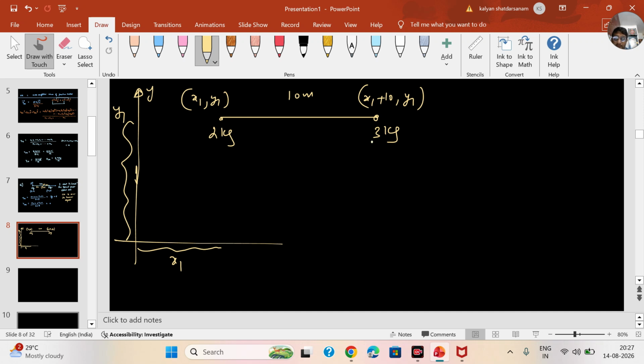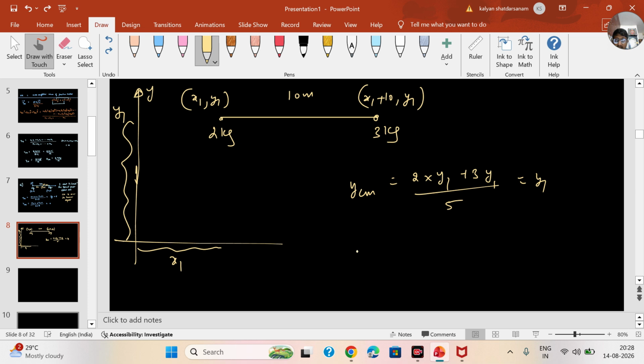Now, what is the y coordinate of the center of mass? It is m1 y1 plus m2 y2 by m1 plus m2, and y2 is also y1 only here, it's at the same height. It comes out to be y1 only. So the center of mass y coordinate is y1, meaning it is at the same height.